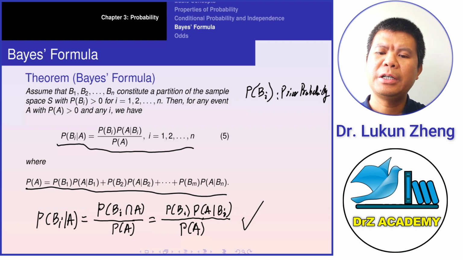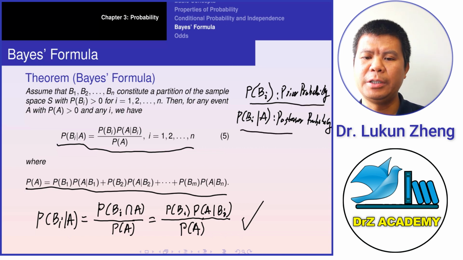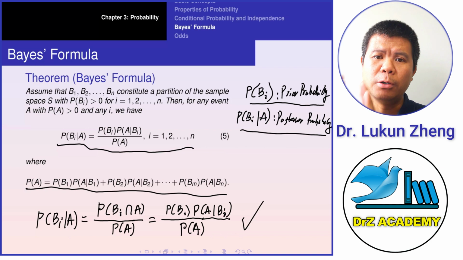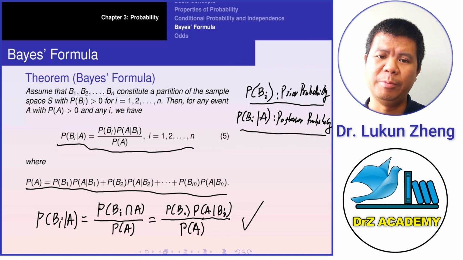And also you have probability of Bi given A. This is called posterior probability. So you have prior probability and you have posterior probability. Now, Bayes' theorem is to find the posterior probability.